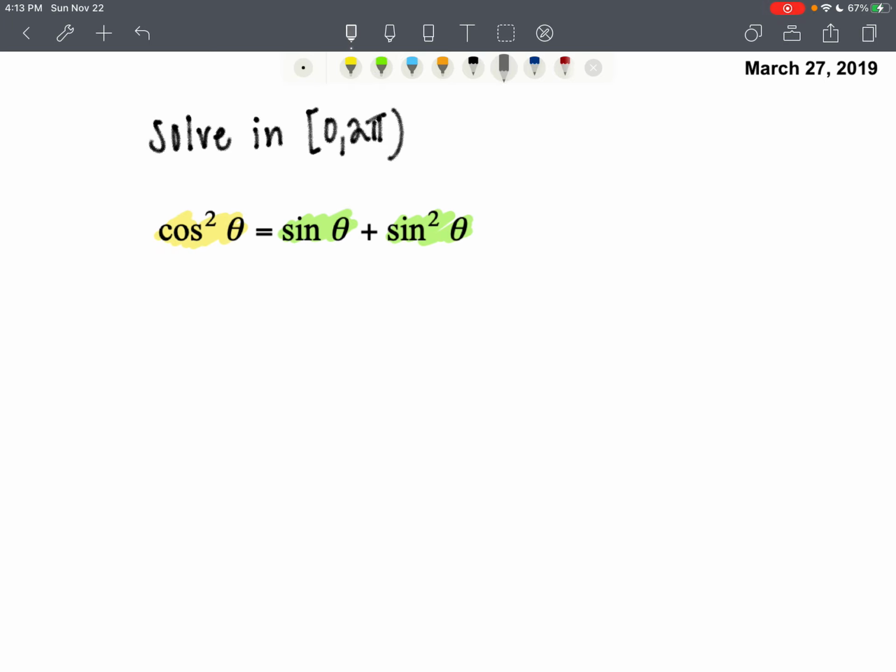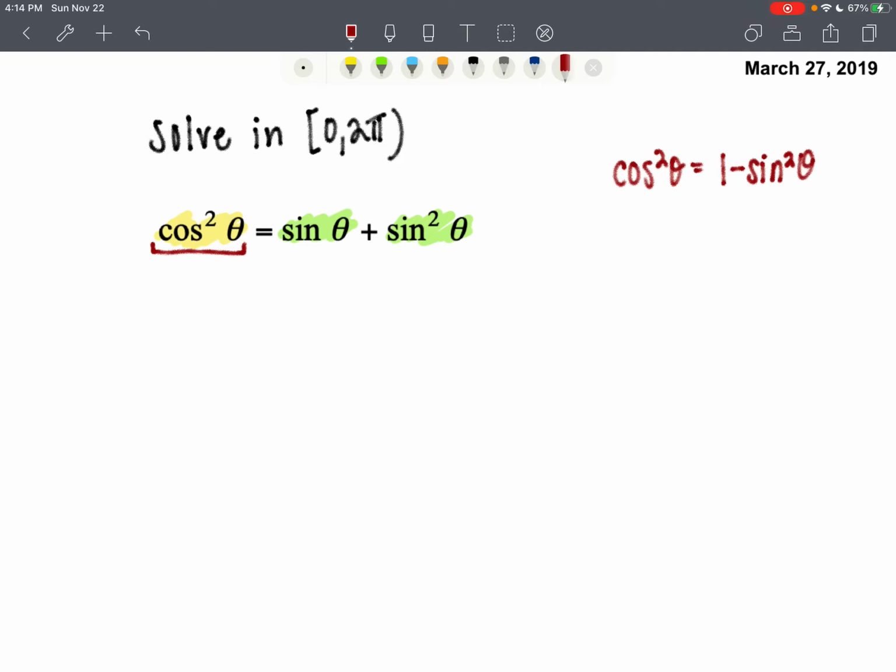Another piece of good news is that we know how to substitute an expression in for cosine squared in terms of sine. Remember that cosine squared of theta is equal to 1 minus sine squared of theta from our Pythagorean identity. Sine squared plus cosine squared equals 1.